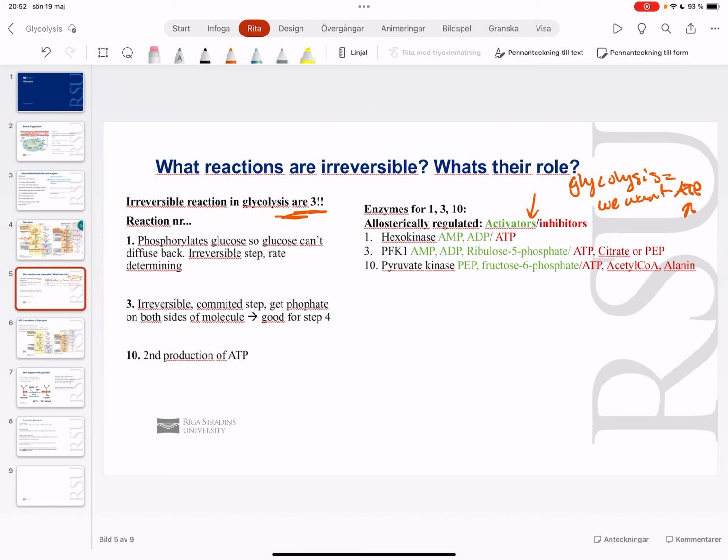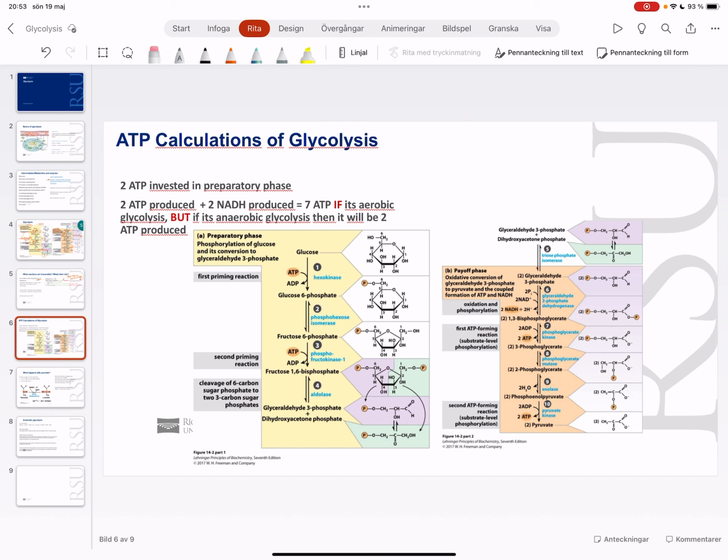But if we have ATP, citrate, or PEP, then that will inhibit the pathway. And then we have pyruvate kinase. Pyruvate kinase will be activated by PEP, fructose 1,6-bisphosphate, and inhibited by ATP, acetyl coenzyme A, and alanine. Okay, let's do some ATP calculations.